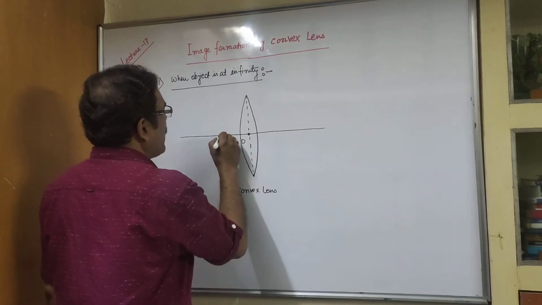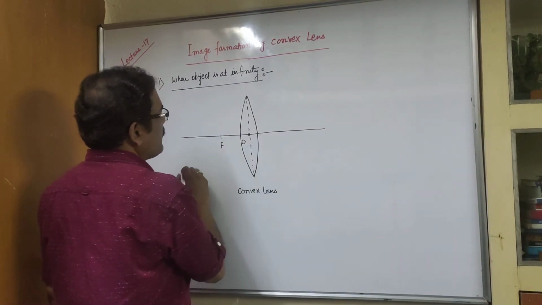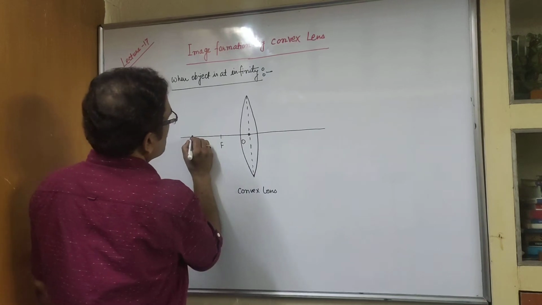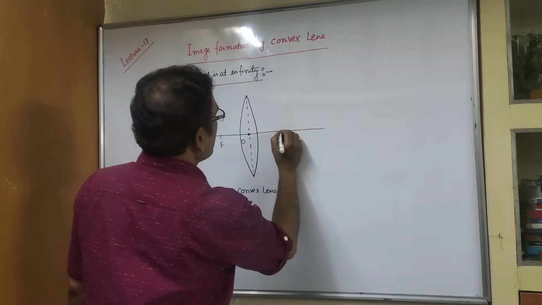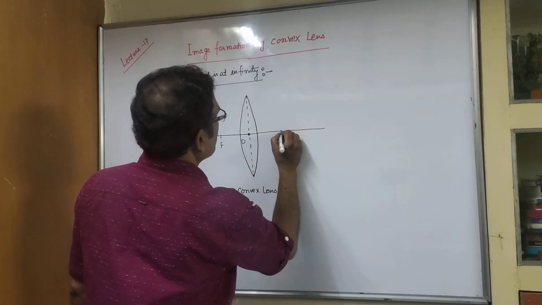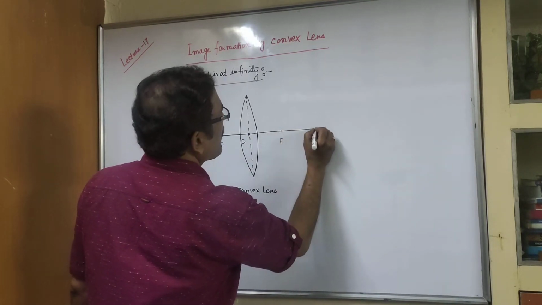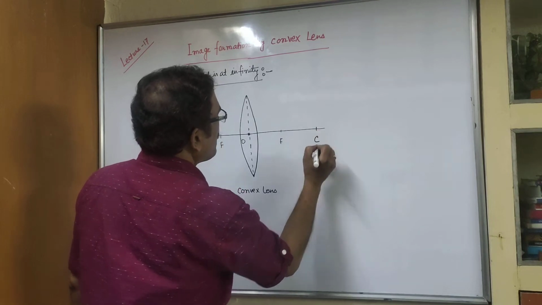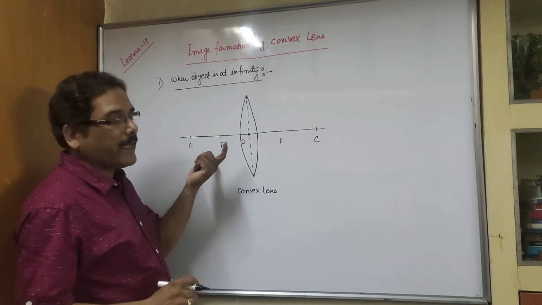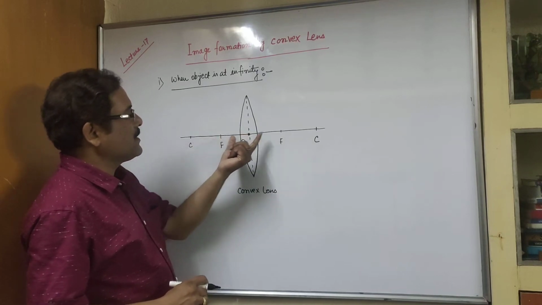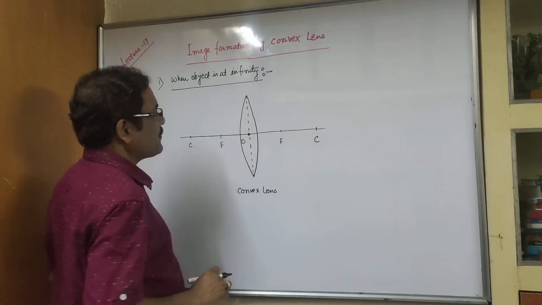Mark the points F, principal focus, and center of curvature on either side of the lens. But these distances should be equal. With the help of a scale, you should take care that these two distances are equal.